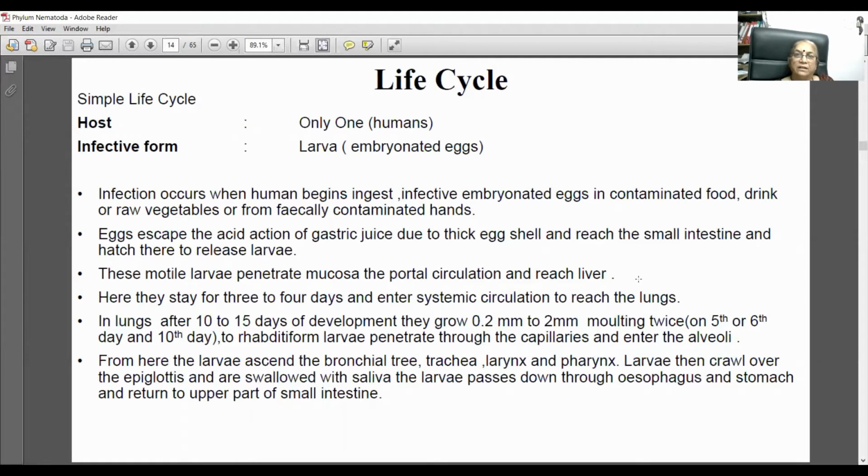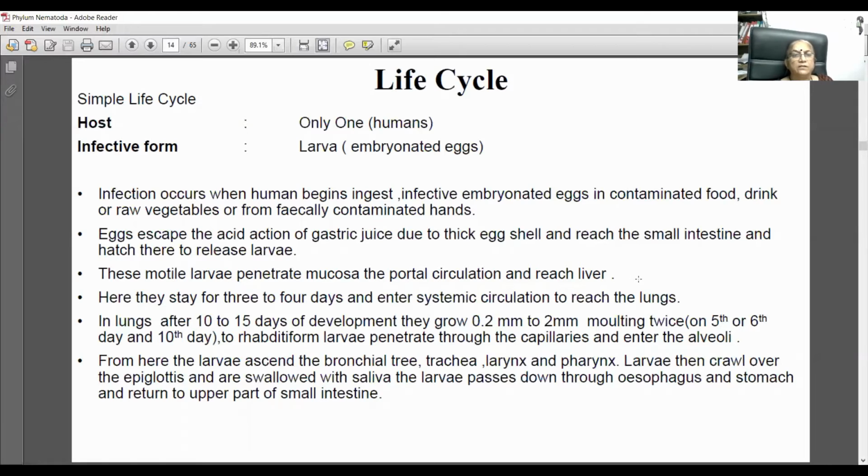But in phylum Nematoda, usually only one host is required. The life cycle is also very simple. The infective forms are larvae, meaning embryonated eggs. The embryo is present within the egg. That means whenever the egg breaks, the larvae will come out.